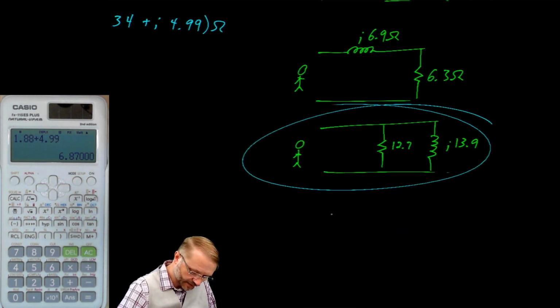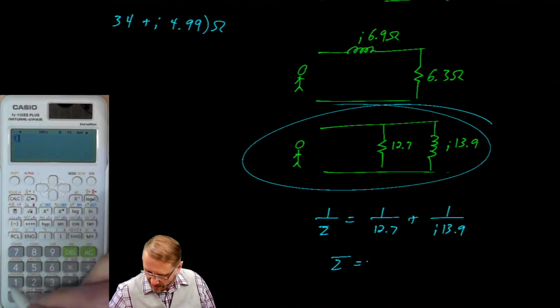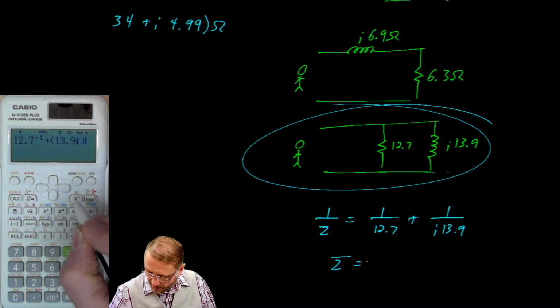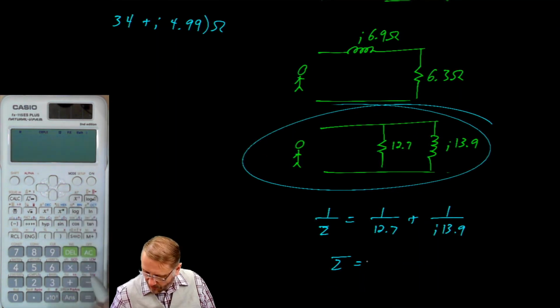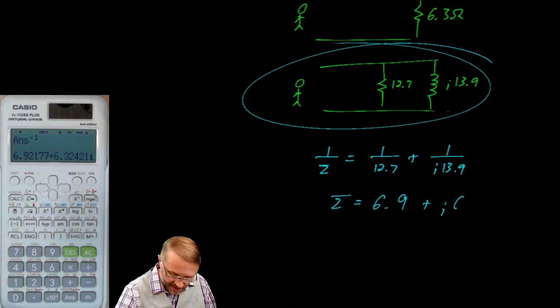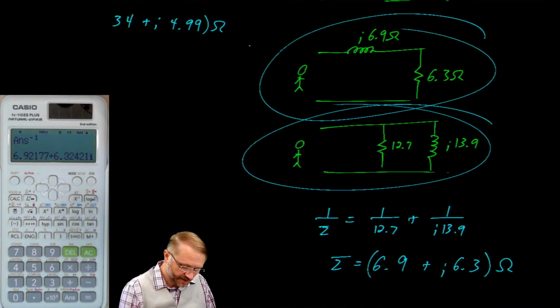We can verify that real quick, as 1 over impedance is 1 over 12.7 plus 1 over J 13.9. So that impedance is 12.7 inverse plus 13.9 J inverse equals, and there it is, 6.3 plus J 6.9, which means that these two circuits are absolutely identical.